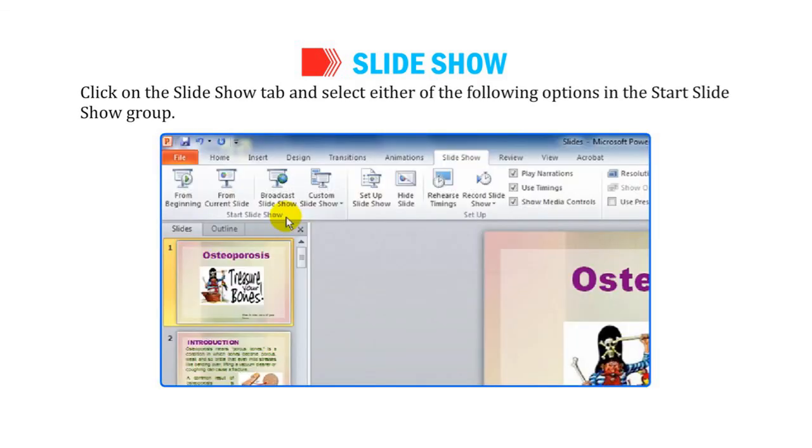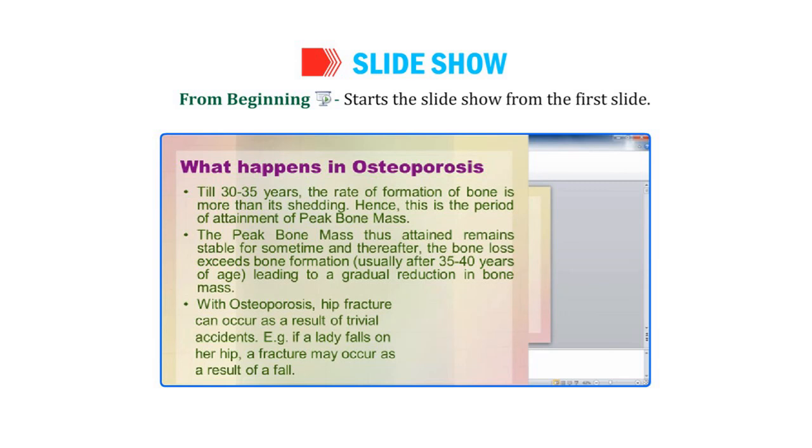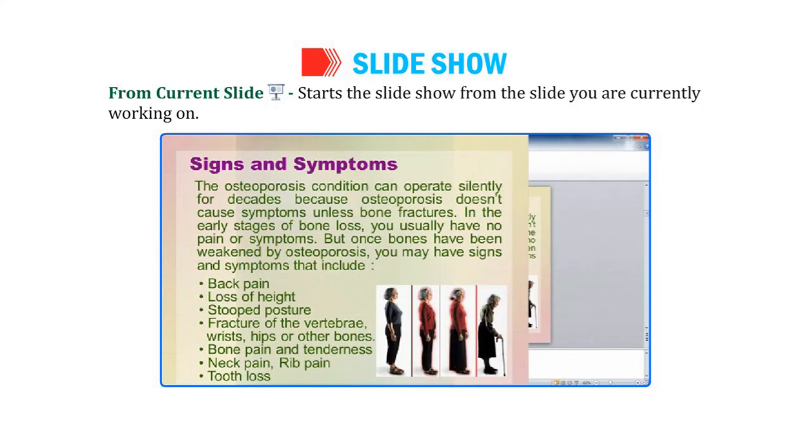Click on the Slideshow tab and select either of the following options in the Start Slideshow group. From Beginning: starts the slideshow from the first slide. If you select the option From Current Slide, it starts the slideshow from the slide you are currently working on.